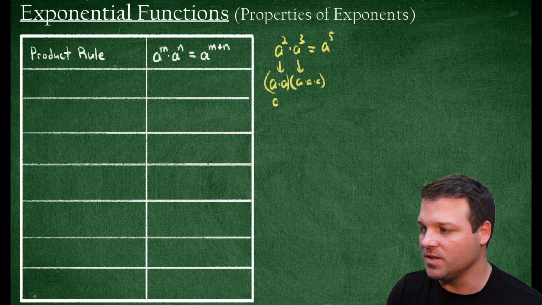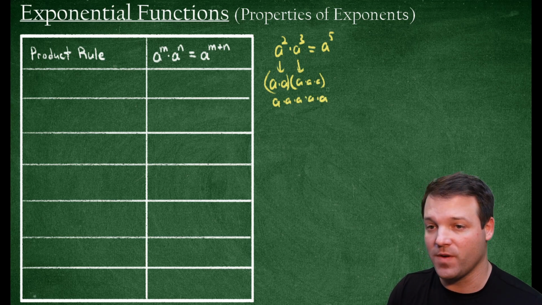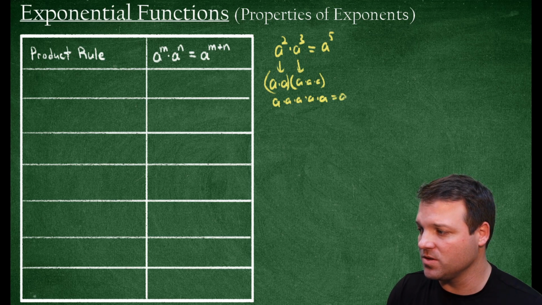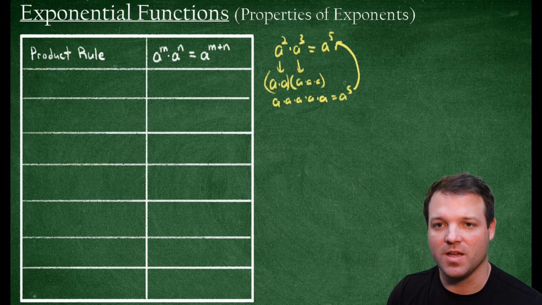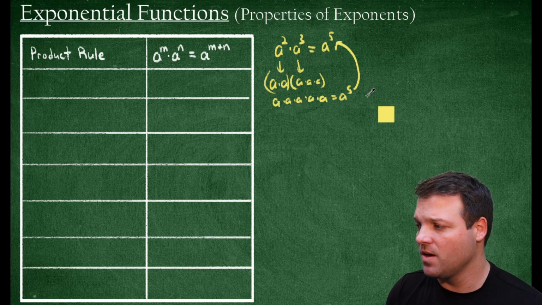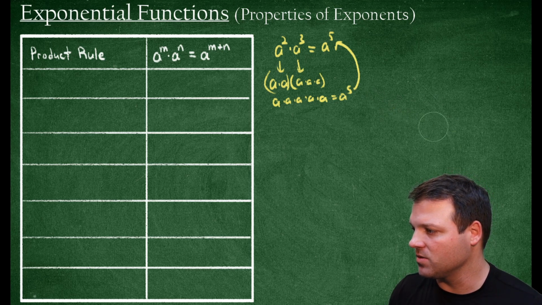Really all of this is a times a times a times a times a. In this case, there are 5 a's, so this is equivalent to a to the fifth power, which is the same as what our property says. All right, so let's go to the next one.